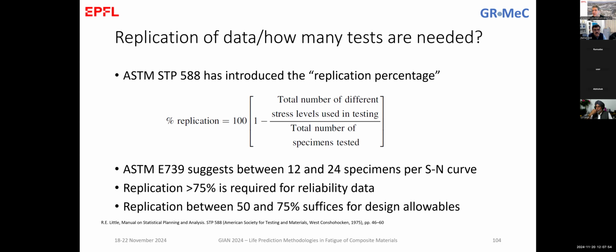You can have 12 with a very good replication because you can spread 12 specimens in 3 stress levels and each one has 4. So you have more or less 100% replication. And you can have 24 specimens and your replication might be 30% because you have 20 of them in one stress level and the other 4 you just distribute in different stress levels.